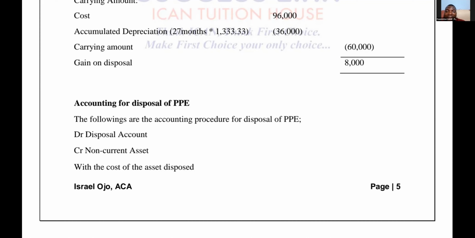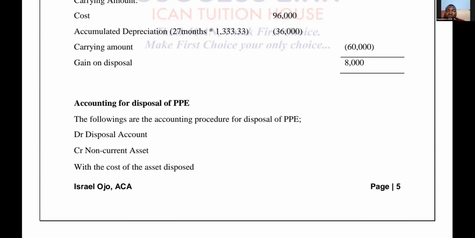So what you need to do now is remove the accumulated depreciation of the asset disposed. Because if you dispose of a Benz and you have depreciated the Benz over the years, you need to remove the depreciation element of the Benz away from your fleet of cars.